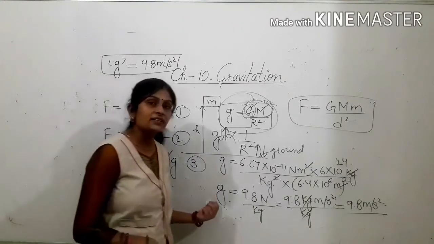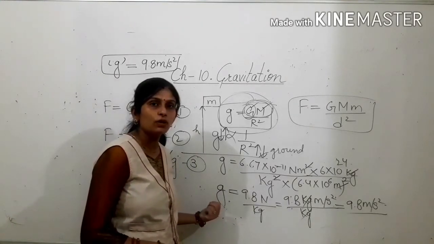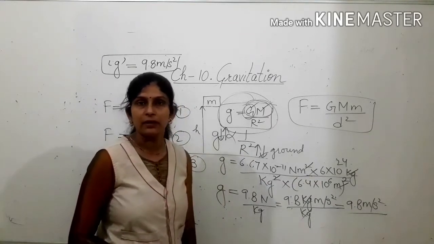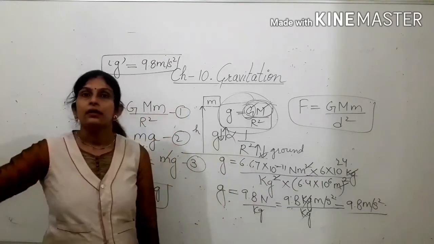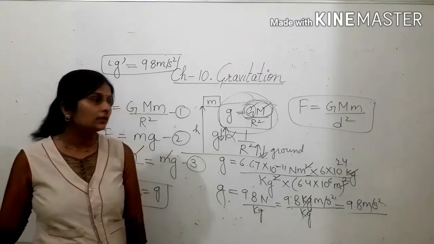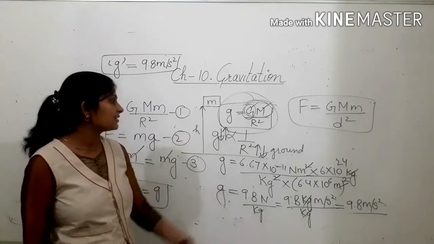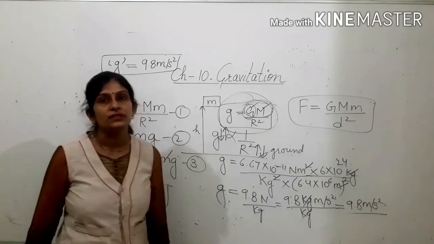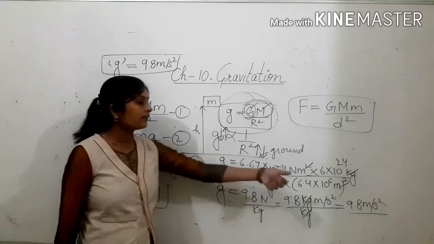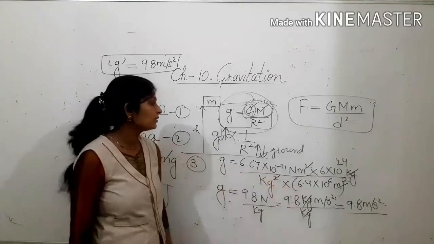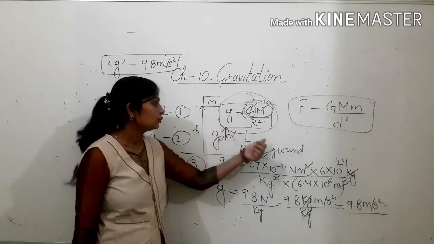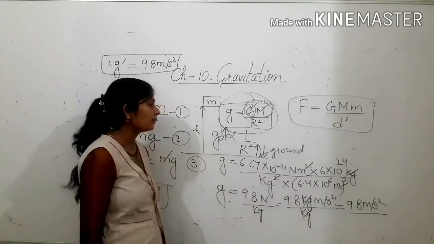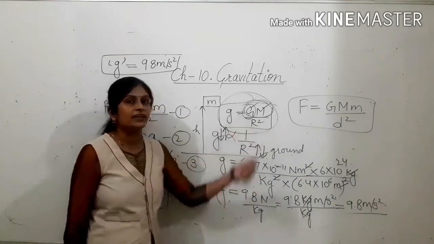Otherwise, small g holds a constant value, that is 9.8 meter per second square, at the rest of the parts of the earth, but it varies at the equator and at the poles. It increases at poles due to less radius and it decreases at the equator due to more radius.